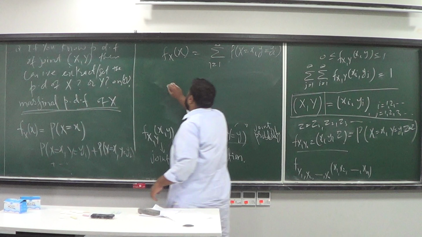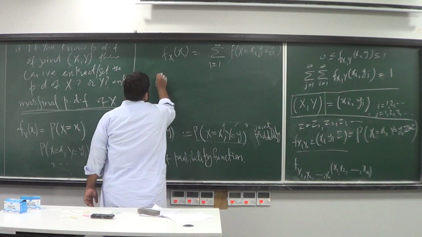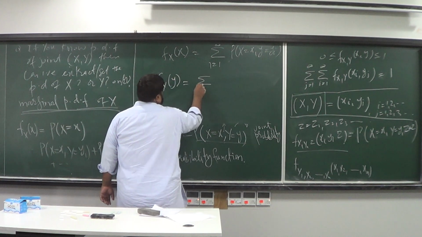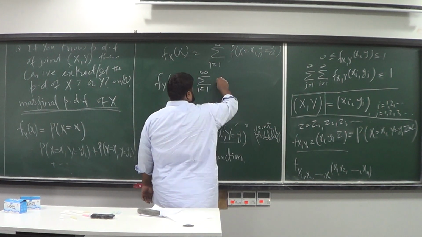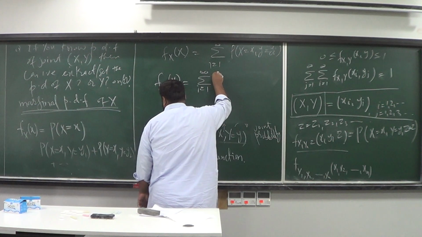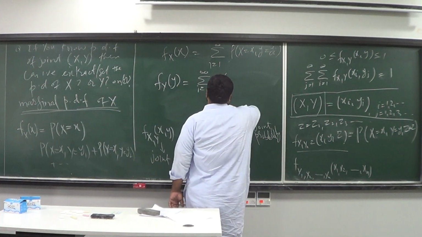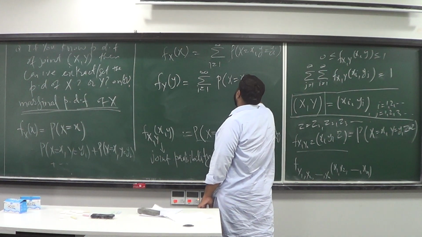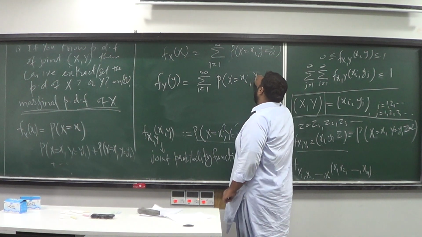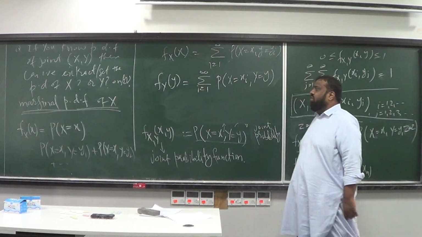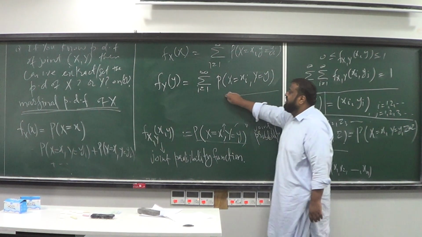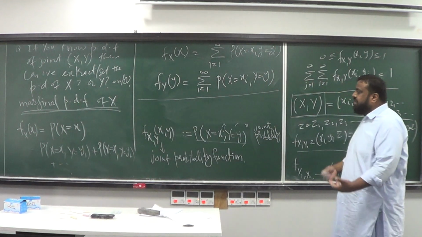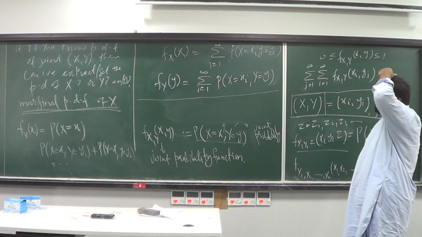And similarly, you can have the marginal PDF for y using the joint PDF, where x takes any value xi and y takes a fixed value y, and in this manner you can compute the marginal PDF of x and the marginal PDF of y.